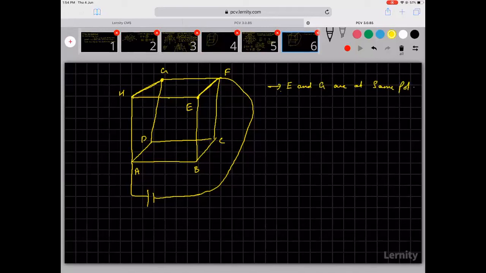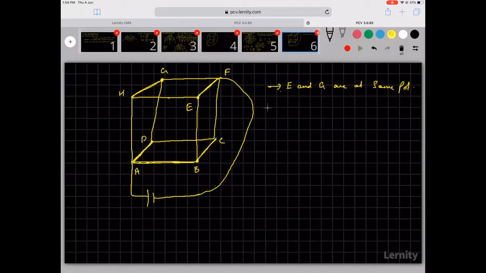Similarly, now the reverse of it, B and D will also be at the same potential. Why? Because they are one resistor from this side and two resistors on this side.